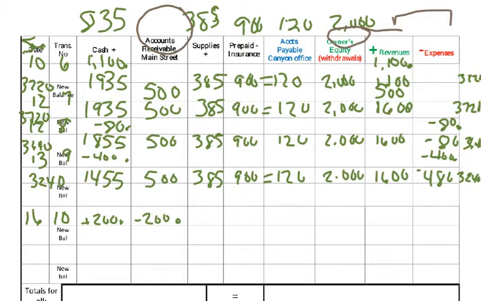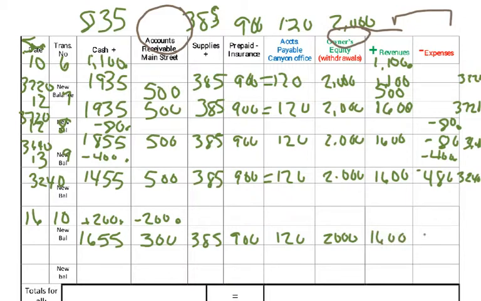And of course, what do we always do? We rebalance. Now you have 1655 in cash. Now they only owe us 300. The 500 minus the 200. We still own the supplies. We still own the insurance. We still owe the Canyon. We still have the owner's equity.